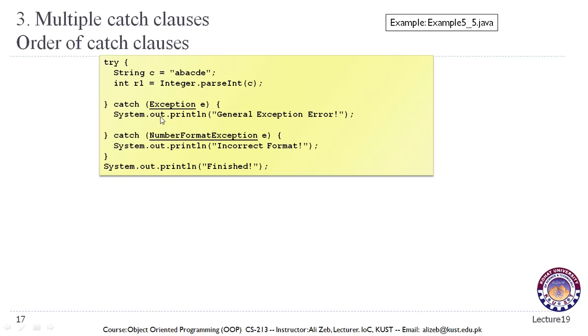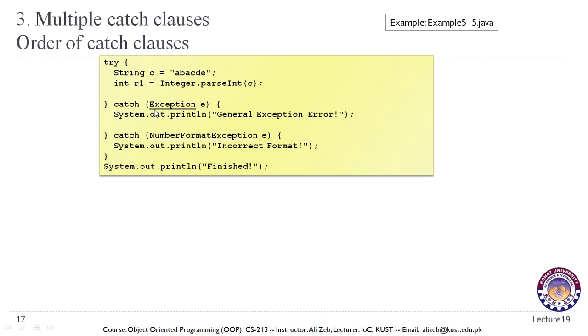We are using the general exception class, that is the superclass, before we are using the specific class that might be able to handle this exception. Now this exception handler is the right exception handler to catch this kind of exception. But what we are doing over here is using the superclass of this exception handler class, that is the exception class, to handle this exception.